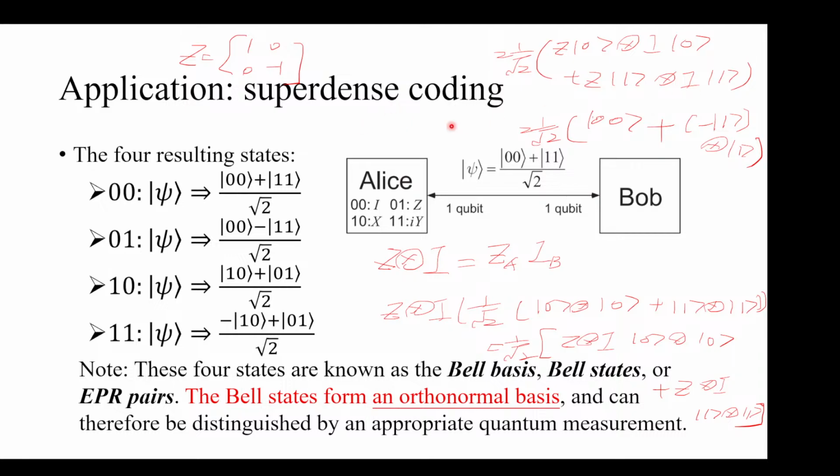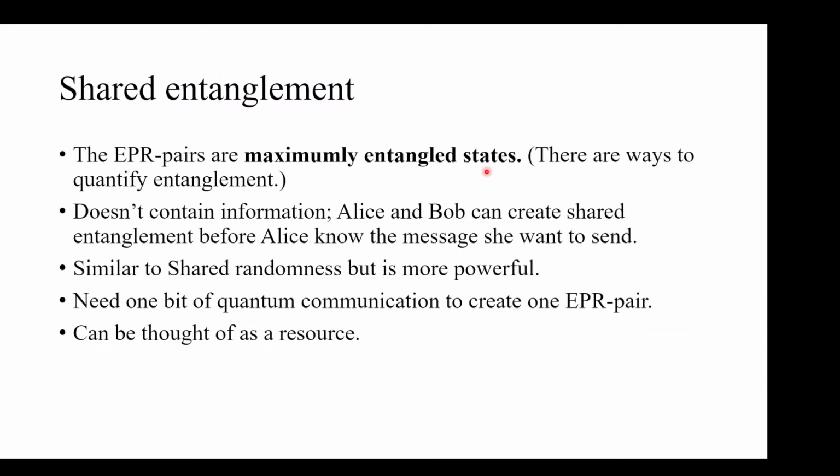But with just shared randomness, it's not possible to do superdense coding. Superdense coding is only possible if you have shared entanglement, and that shows that shared entanglement is more powerful than shared randomness. Just having correlation between Alice and Bob is not enough to do superdense coding. This entangled quantum state is really more powerful than similar classical resources.